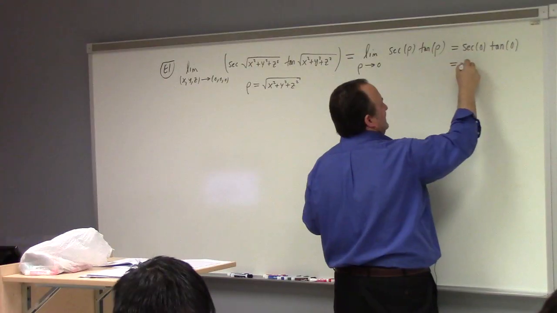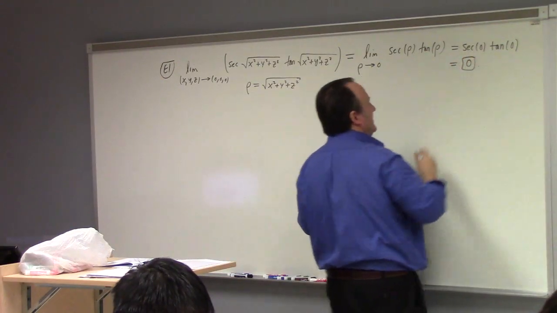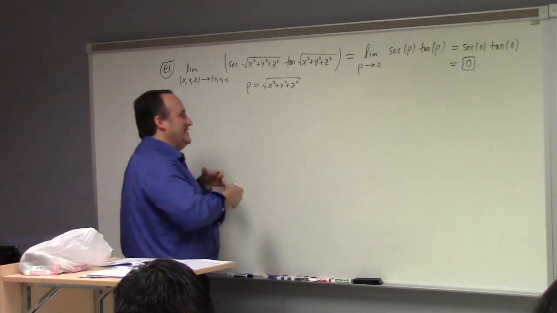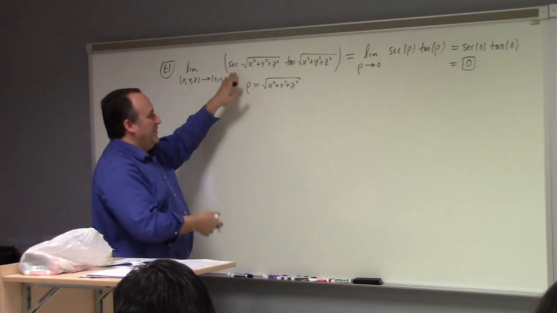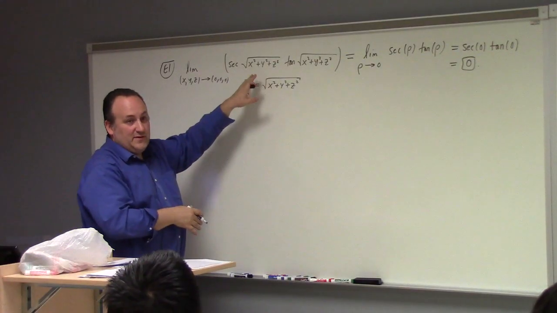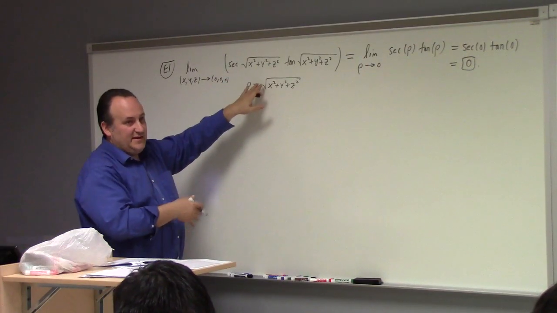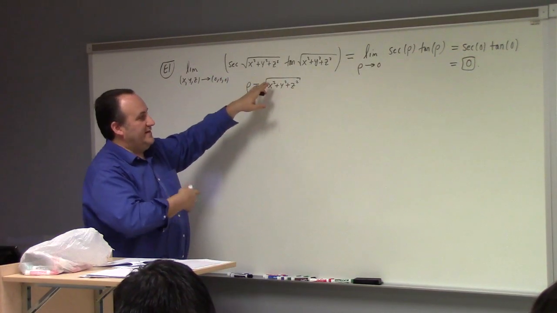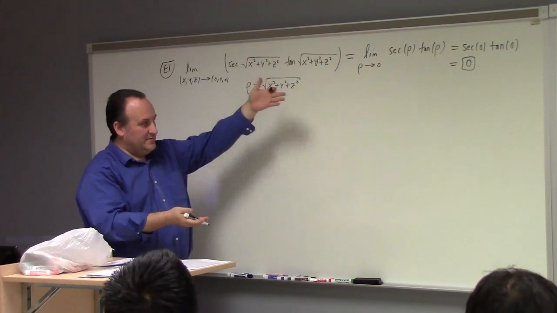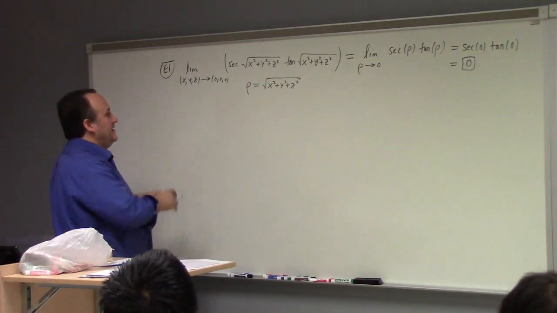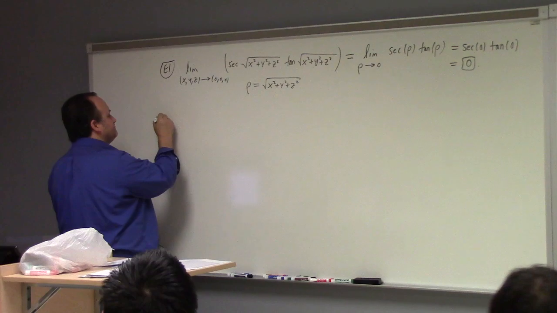The answer is 0, right? This is not even an indeterminate limit. Remember my first rule for calculating limits? If you can plug the limit point in, just do so. That applies here because secant of 0 is 1. Tangent of 0 is 0, so 1 times 0 is 0, right? We didn't need this sophistication here.